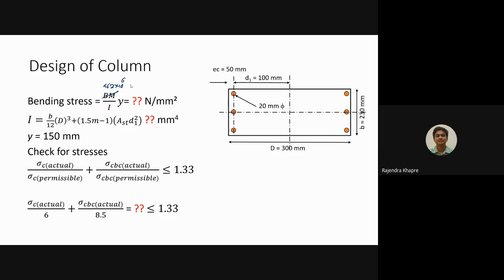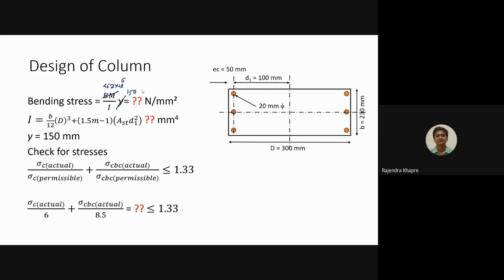Y is the distance of the farthest fiber from the neutral axis. So this y value is going to be 300 divided by 2. So this is 150 mm. As far as I is concerned, that is I is the moment of inertia about the smaller axis, which is shown as a vertical line in the figure.